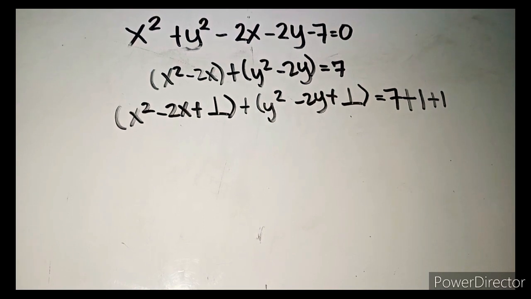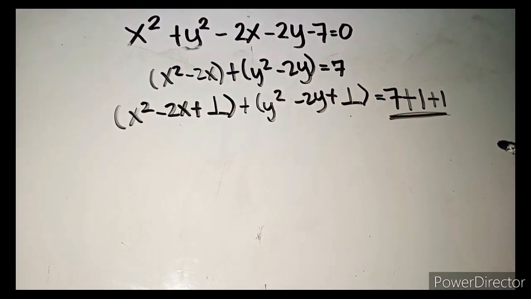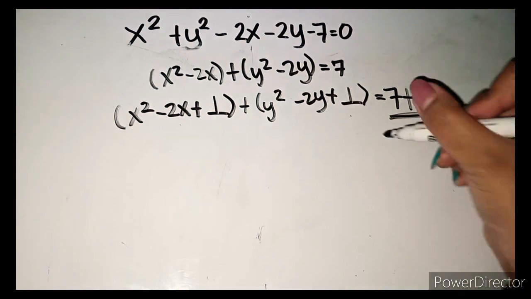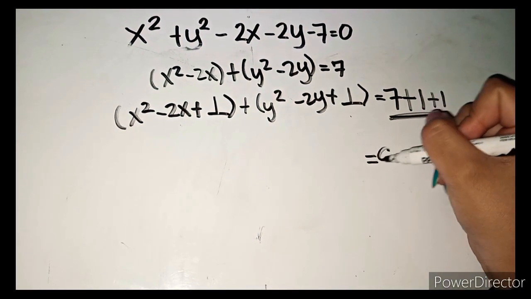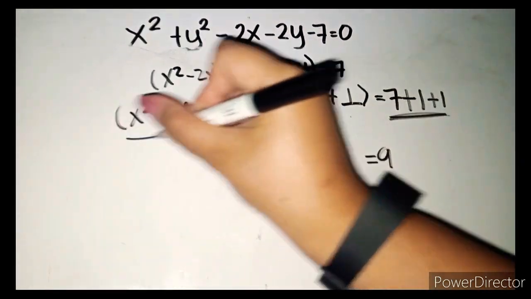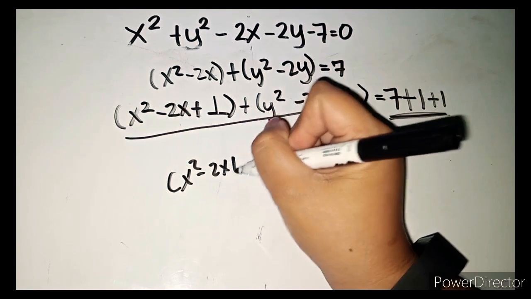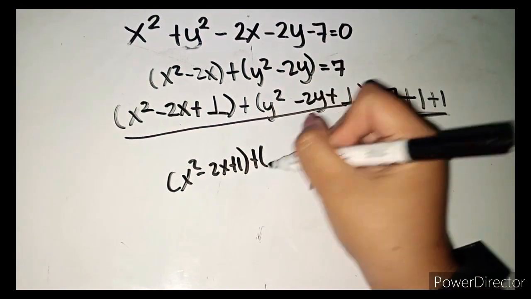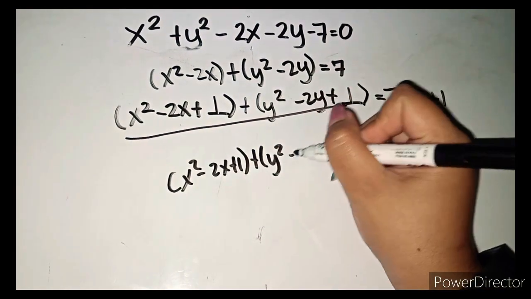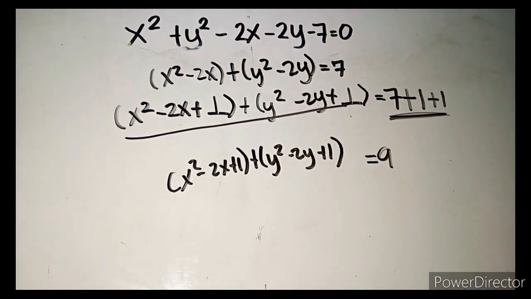simplify natin. Okay? So, simplify natin ngayon to. So, 7 plus 1 is equal to 9. Then, let's rewrite ito. So, we have x squared minus 2x plus 1, then, plus y squared minus 2y plus 1 equal to 9.